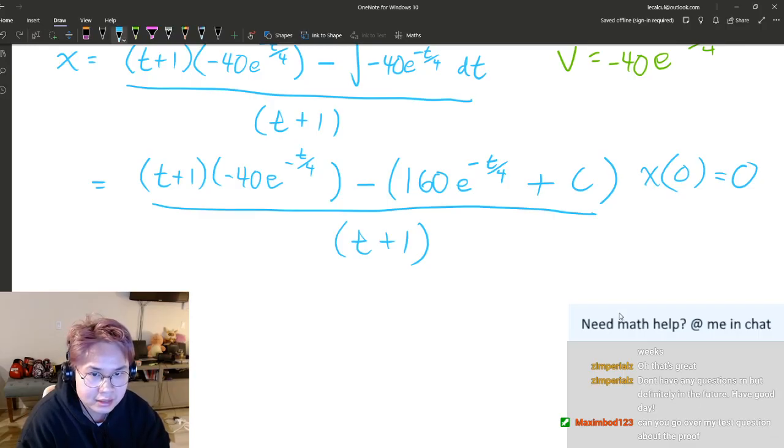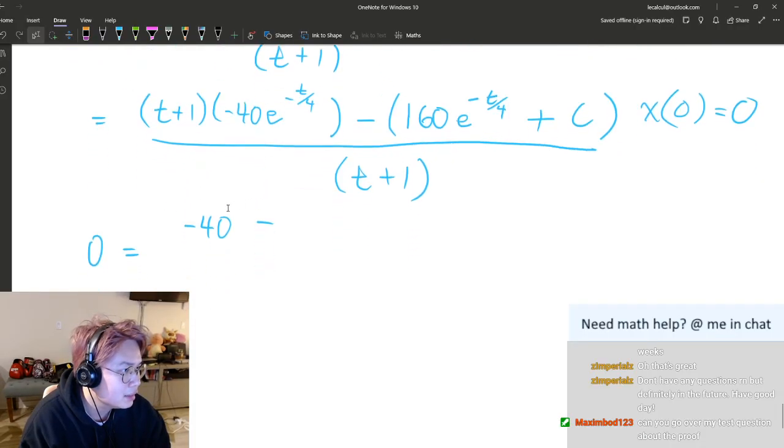So 0 is equal to 0 plus 1, which is 1. This is 0, so this is just going to be negative 40. Yeah, so this is 1. This is 0, so that's 1. So that's negative 40.